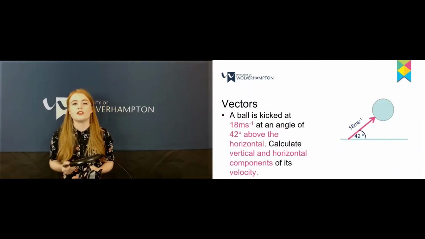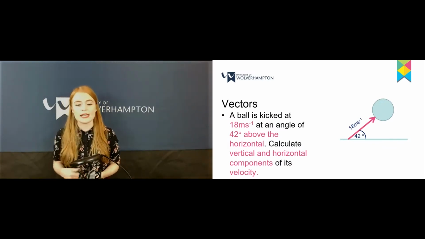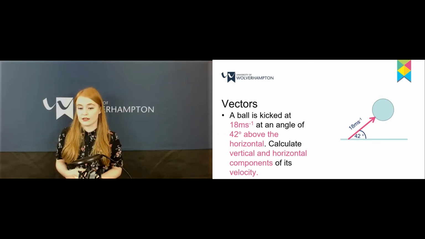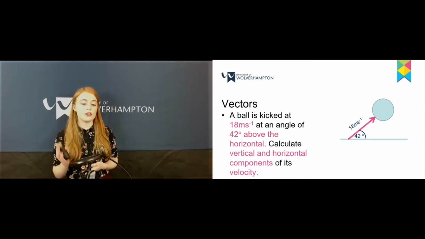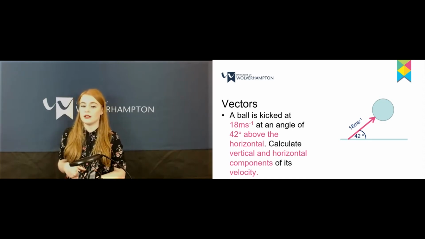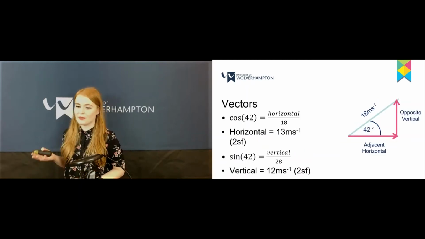So here's another type of vector question that you could come across. A ball is kicked at 18 meters per second at an angle of 42 degrees above the horizontal, and we want to calculate the vertical component of its velocity and the horizontal component of its velocity. So again, big fan of drawing a diagram.